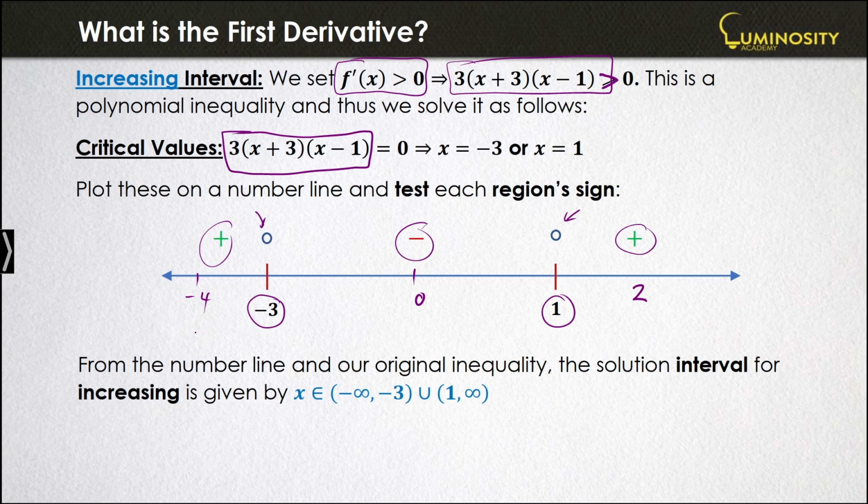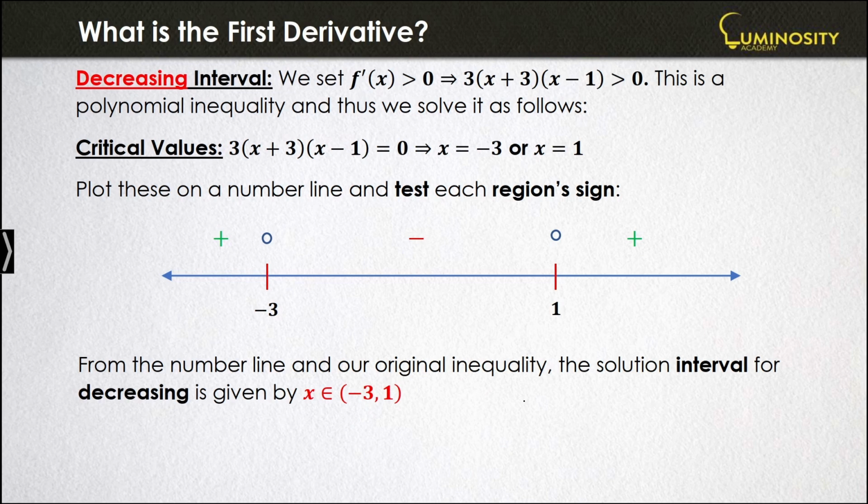So again, from this number line, and the original inequality was greater than 0, so that's this region here, then the graph of f of x, the original graph, will increase. So it'll increase on this interval here from negative infinity all the way to negative 3. And then it'll start up again at 1 and increase again.